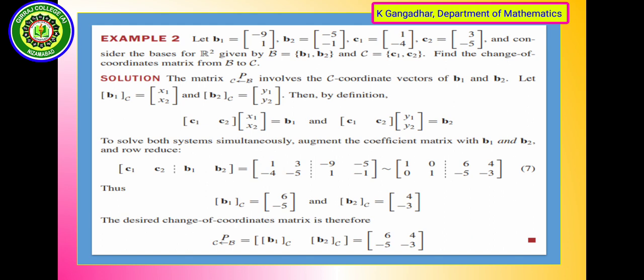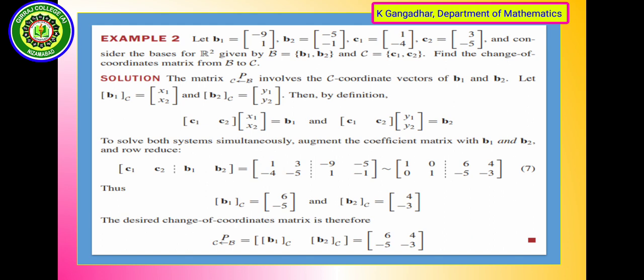Or directly, one definition is given. If we want P from B to C, we write the matrix [c1 c2 b1 b2]. The c1 c2 part is reduced to the unit matrix form, 1 0 0 1, and the same operations are applied to b1 and b2. Then we get the matrix with b1 relative to C and b2 relative to C directly.